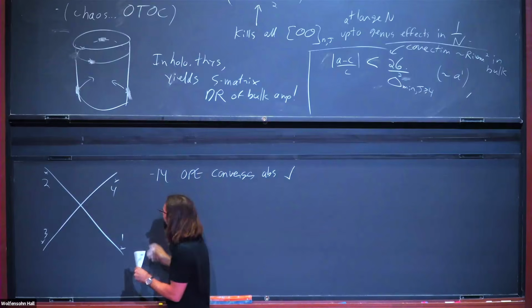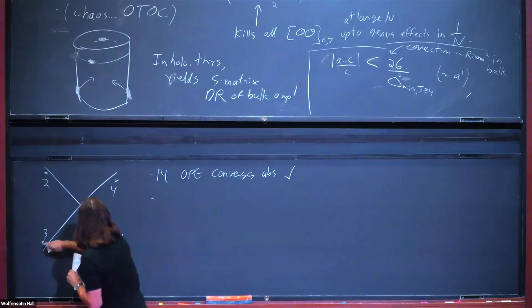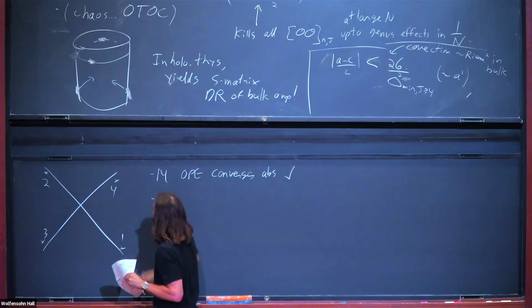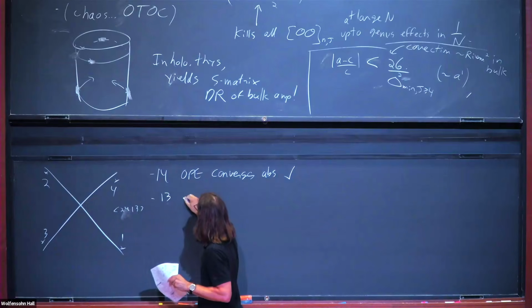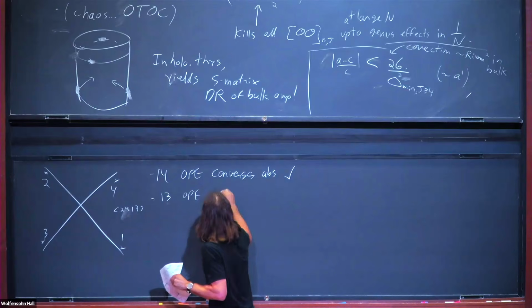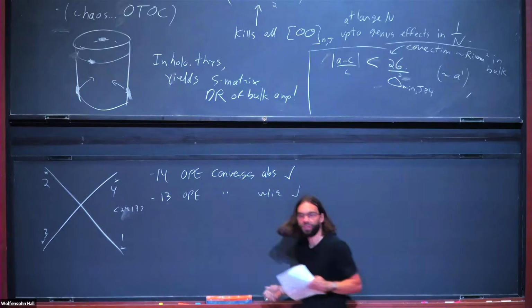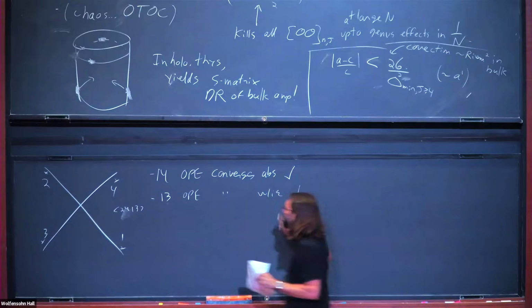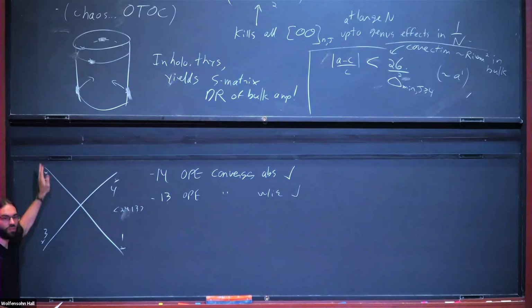It computes very well, basically an evolution from the left to the right. We can also look at the 1, 3 OPE. If you look at the time-ordered amplitude 2, 4, 1, 3, the 1, 3 OPE converges also, thanks to the i epsilon. It converges as a distribution, but it's great, because 1, 3 acts on the vacuum.